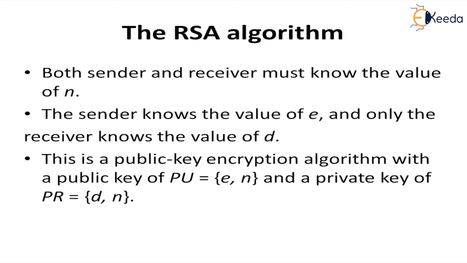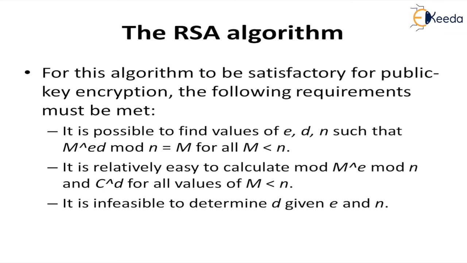The public key encryption algorithm has the public key PU equal to {E, n} and the private key PR equal to {D, n}. For this algorithm to be satisfactory for public key encryption, the following requirements must be met.